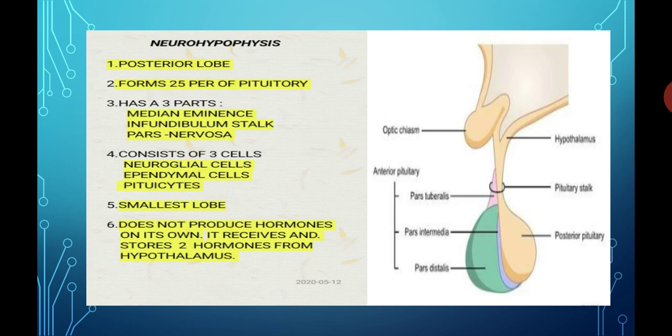And the most important point, it itself does not produce or secrete any hormone, but it receives and stores two hormones which are secreted by the hypothalamus. So this is about the neurohypophysis and the anatomy of a pituitary gland.